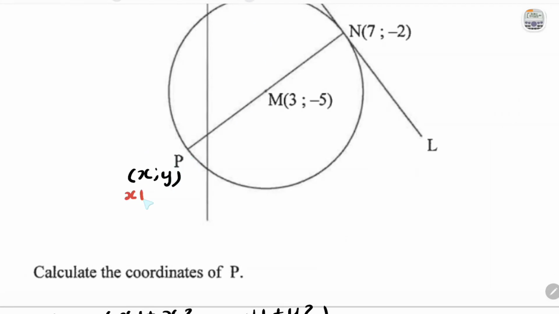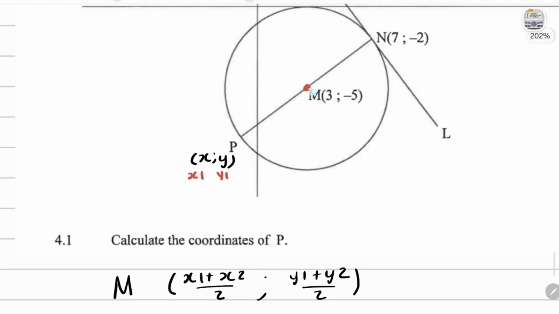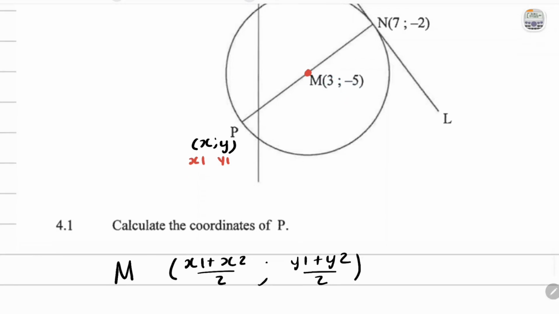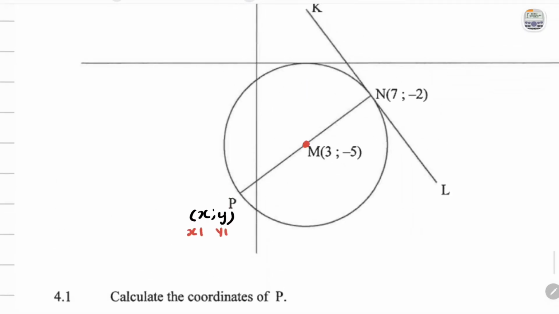This will be our x1 and our y1, okay? Now, the reason why is because remember, this is your center. This is your midpoint, okay? This is the calculation to find the midpoint. So don't label this as x1 and y1 or x2 and y2 because this is the actual midpoint. If you label that as x1 and y1, you're going to find the midpoint of this little line, MN.